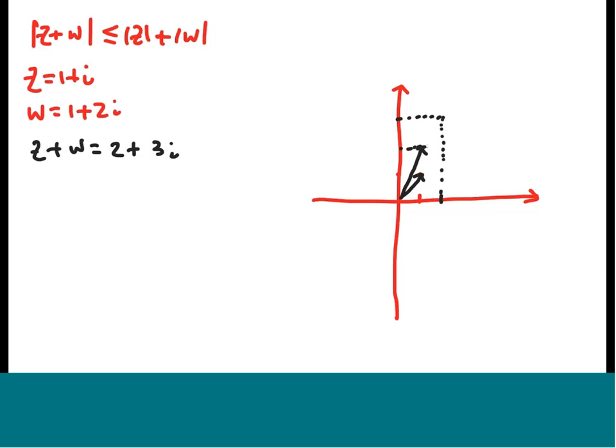It's like a vector parallelogram. So this here is really Z plus W. That triangle has the length of Z, and this is the length of Z plus W. Sorry, this is Z, this is W. I didn't really show you a very good picture. So here is Z plus W.